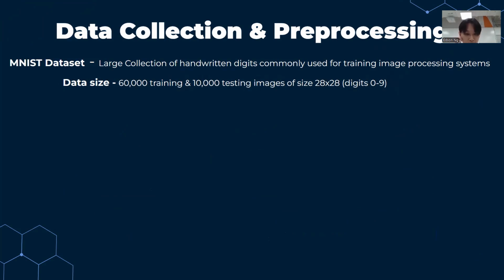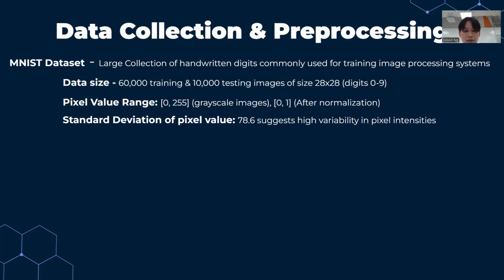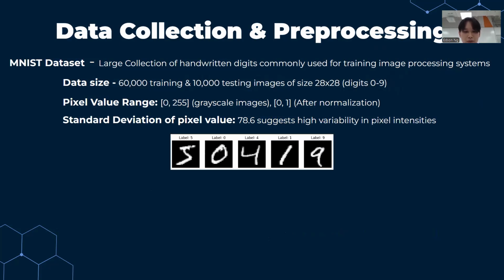Initially, the pixel values are in the range of 0 to 255. The standard deviation of the pixel values is 78.6, which indicates high variability in pixel intensities. This variability is important for training deep learning models as it introduces diverse input patterns that improve the model's ability to generalize. So here's an example of what the data looks like before any pre-processing.